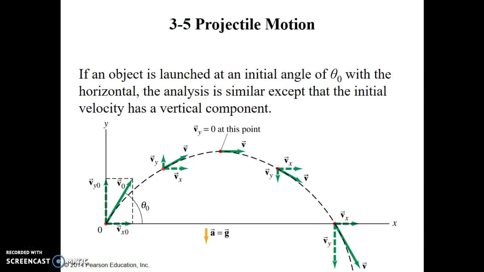So basically, in this case, when you have an initial launch angle of theta, you have to use your trig functions from our vector section of the course to determine the horizontal and the vertical components.